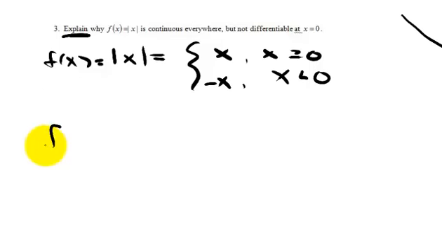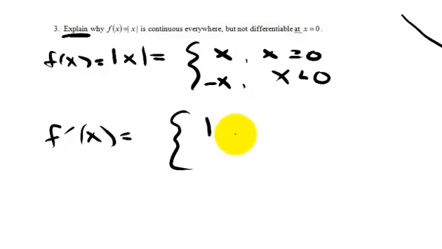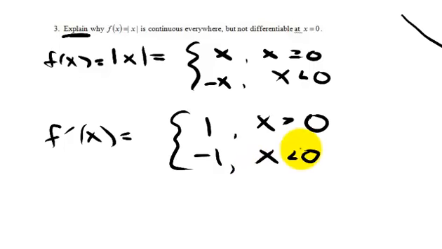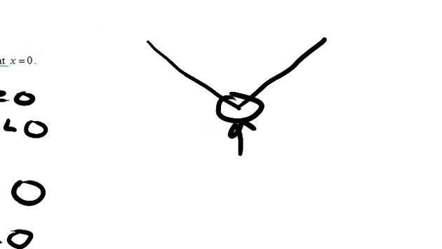Well, if you were to differentiate this function, the derivative of x is 1. And the derivative of negative x is negative 1. So what's happening here? The derivative says when x is approaching 0 from the right, we should have a slope of 1, which we do, slope of 1.